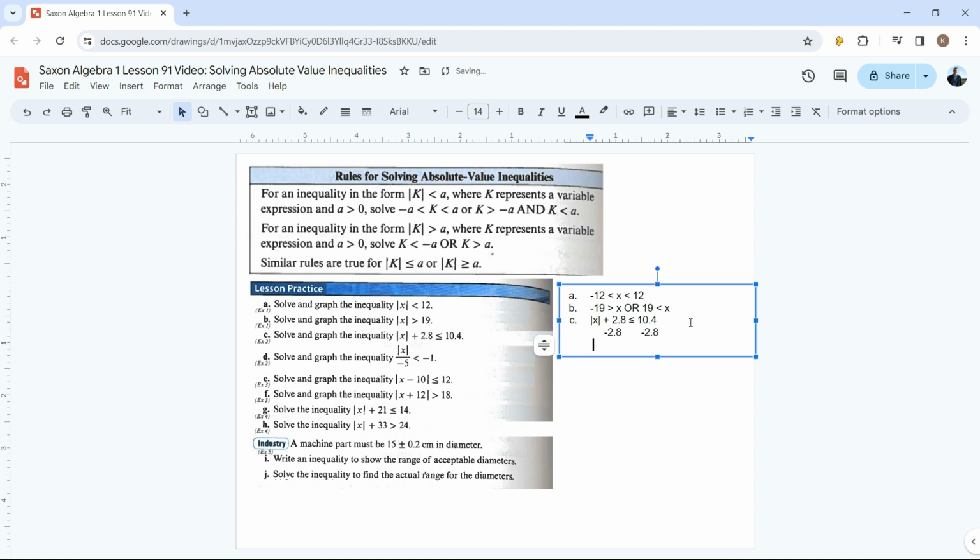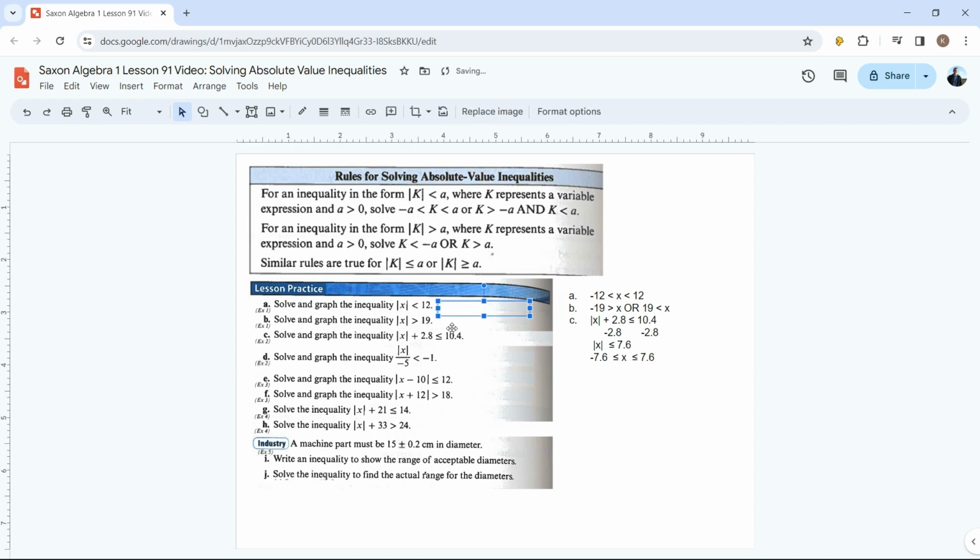This gives me the absolute value of x is less than or equal to 10.4 minus 2.8, which is 7.6. Now I'm ready to solve this. It's a less than or equal to, so that means negative 7.6 is less than or equal to x, and x is less than or equal to positive 7.6.